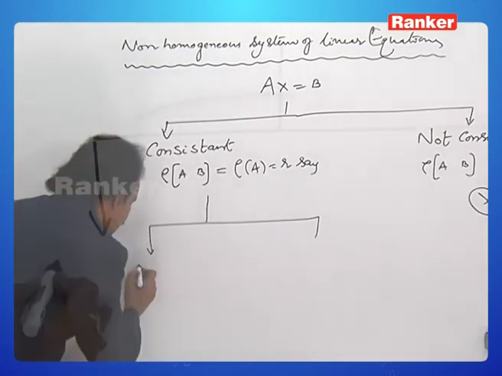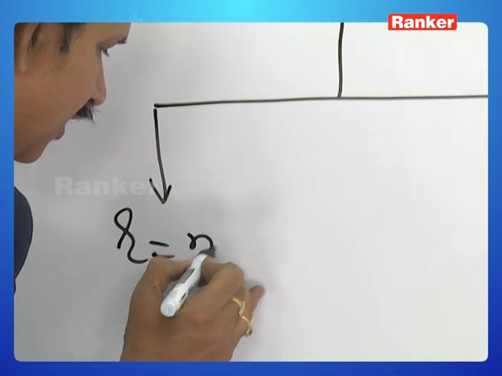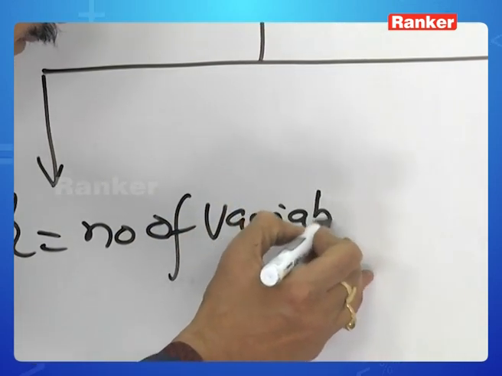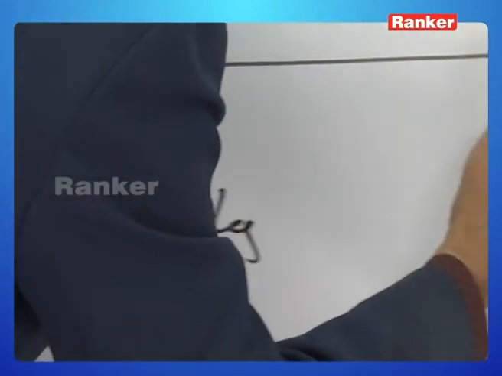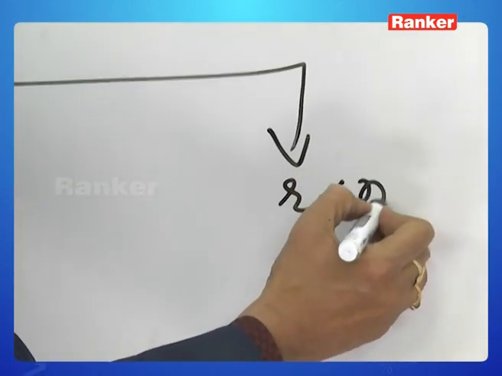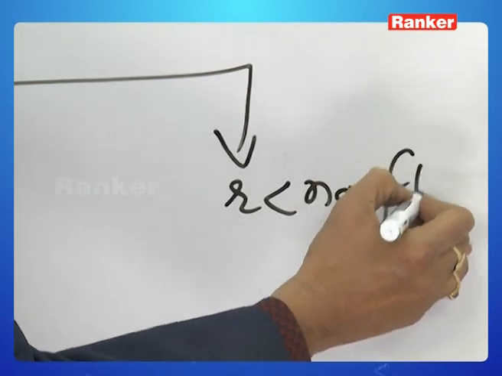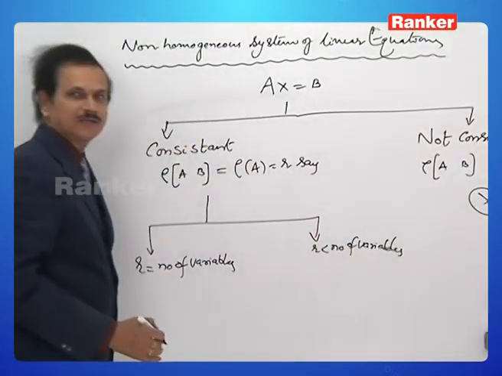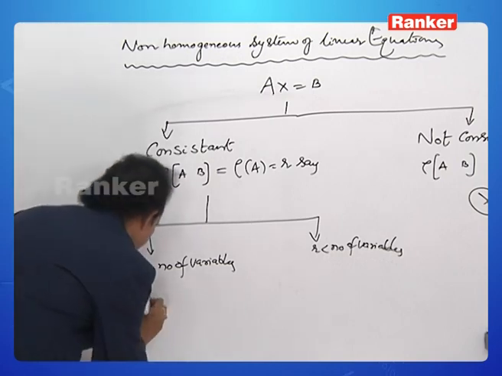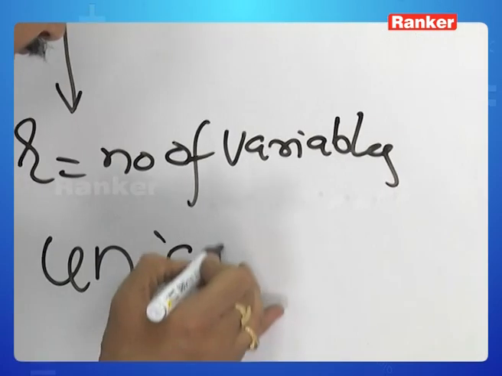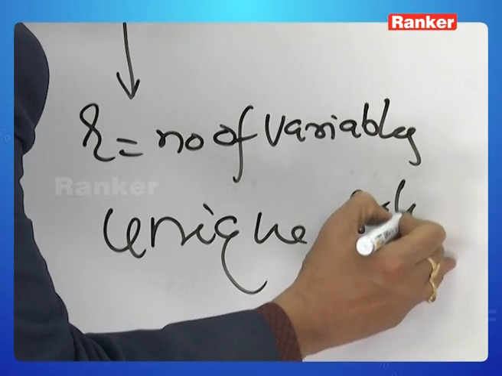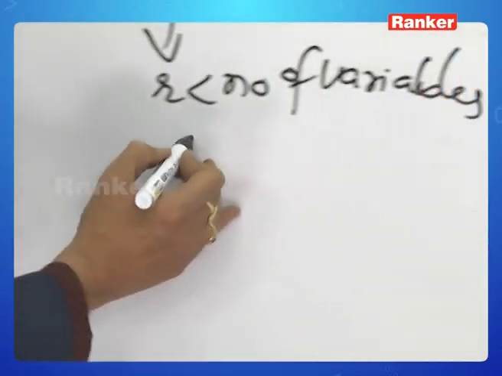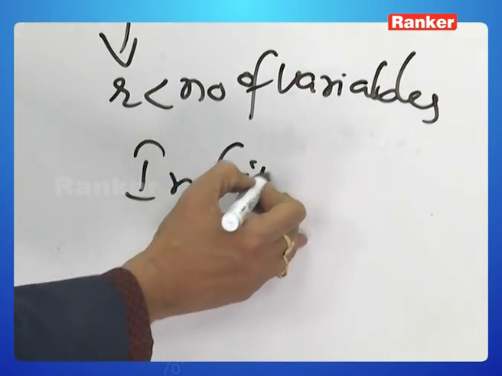First case is r is equal to number of variables. Second, r is less than number of variables. In the first case, unique solution will be there. In the second case, infinitely many solutions will exist.